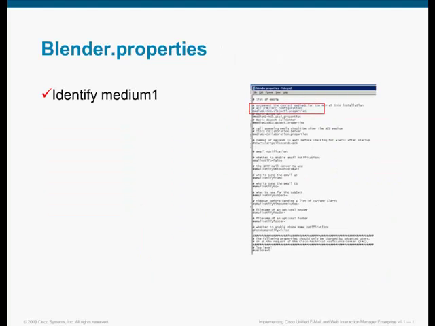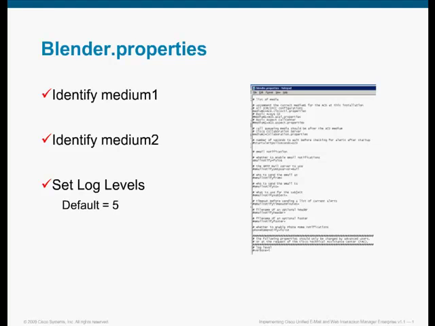Now to configure the Blender.properties file. Medium 1 identifies the type of ACD this installation of CMB will be integrated with. To identify this medium, uncomment the correct medium 1 for the ACD. All IPCC configurations uncomment media 1 equal ACDciscocti.properties.